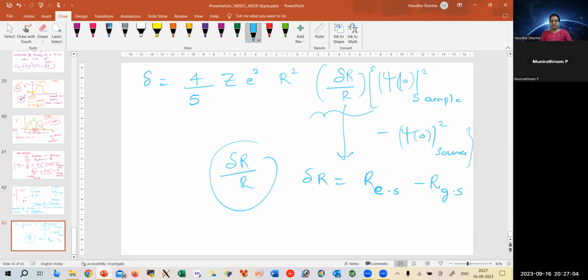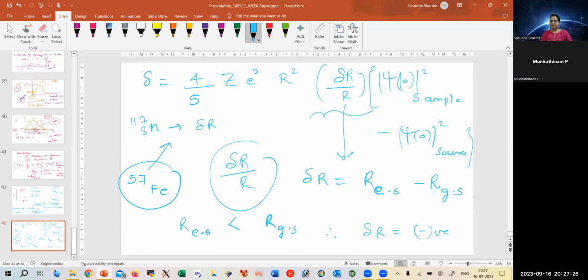So generally, in case of the 57 iron, the radius of the nucleus in the excited state is less than the ground state. So therefore, the delta R value becomes negative. So delta R comes as a negative value when we consider the 57 iron, whereas in case of tin, the delta R is positive. So it will just give you a sign.